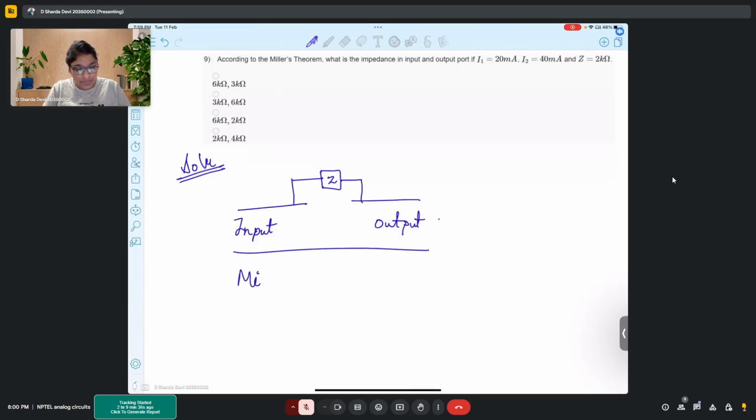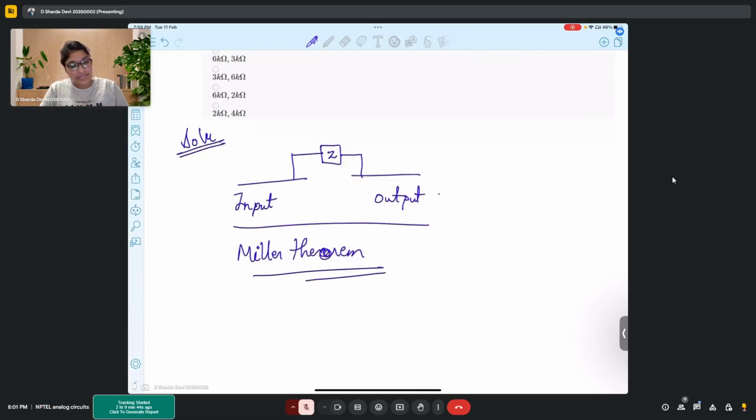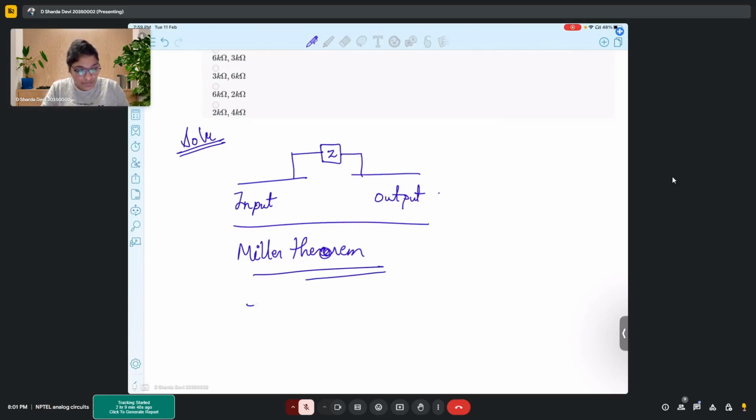So Miller came up with this solution. We commonly know it as Miller's theorem, where we say that if Z is here and needs to be shared, Z will have two parts. One part will go into the input and another part will go into the output.